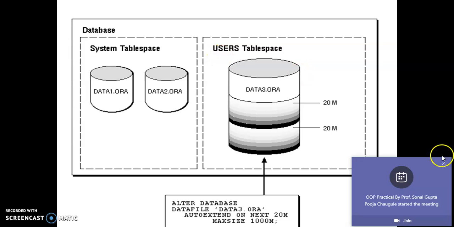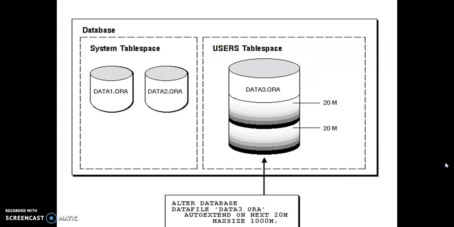This users tablespace is specially for users, so that a user can create any table and store that table in that particular tablespace. Whereas the system tablespace is for system operations. There are SYSTEM and SYSAUX, these are the two tablespaces used for system related operations, not for user related operations.